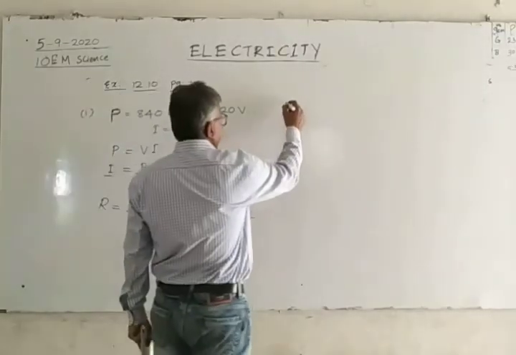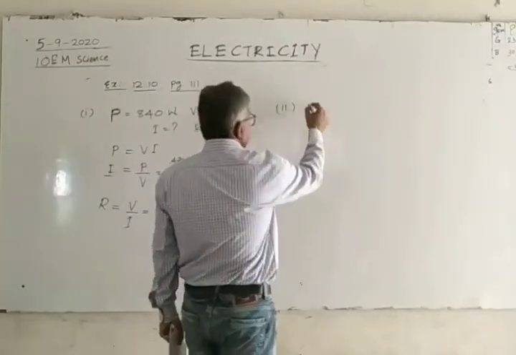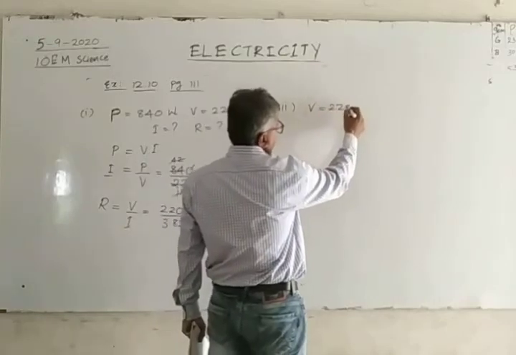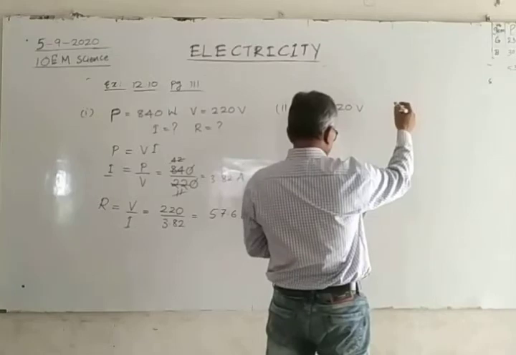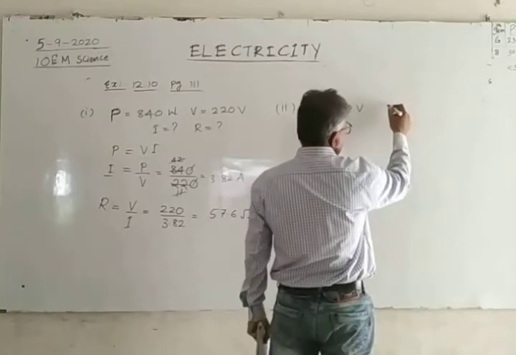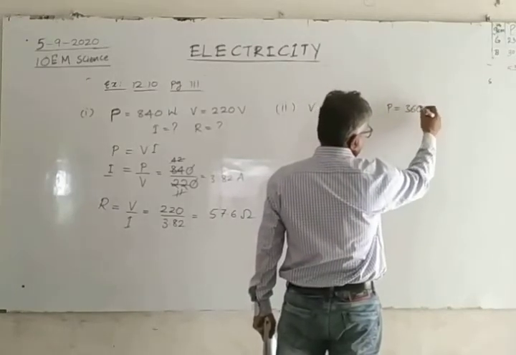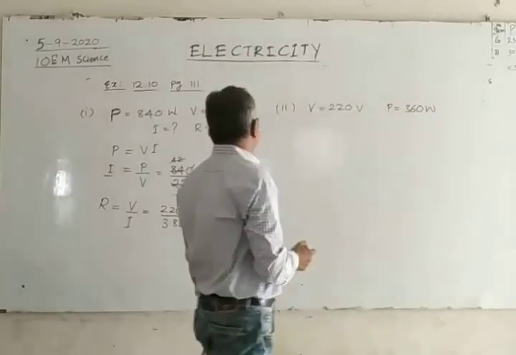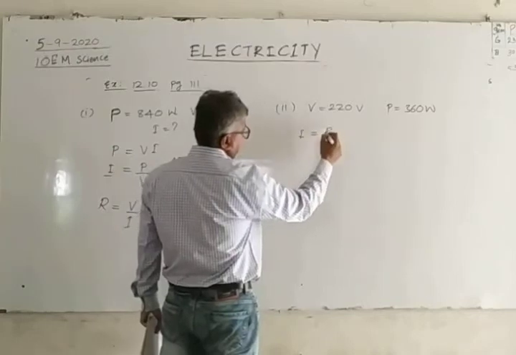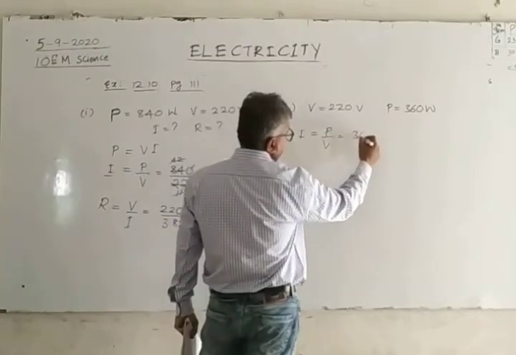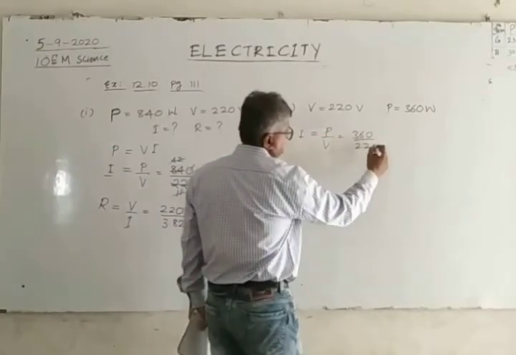Similarly, in the second case, voltage is the same, V equal to 220 volt, but the energy consumed is 360 watt, P equal to 360 watt. You can use the same formula, I equal to P by V, 360 divided by 220.